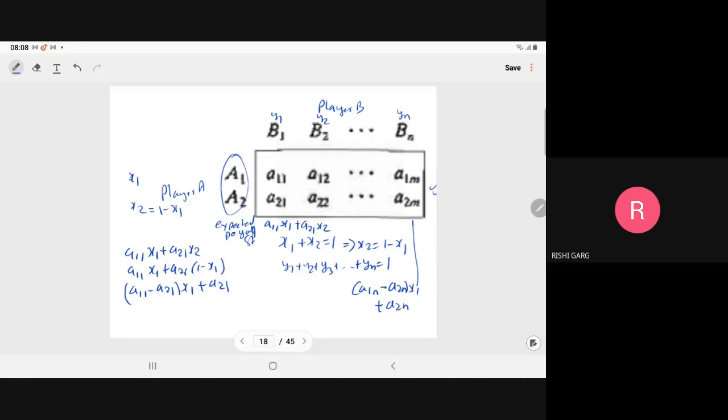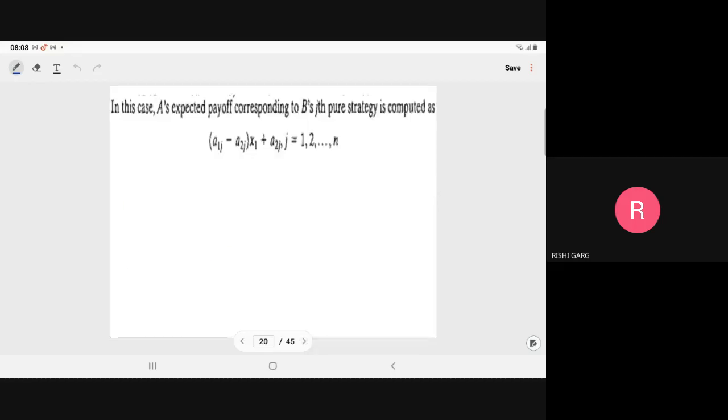So we have computed the expected payoff for j equal to 1 to n. In this case, the expected payoff corresponding to B's jth pure strategy is computed as (a1j minus a2j) x1 plus a2j, where j is equal to 1 to n.